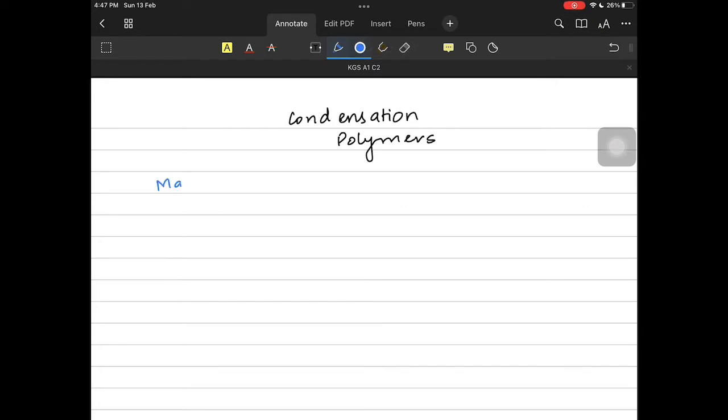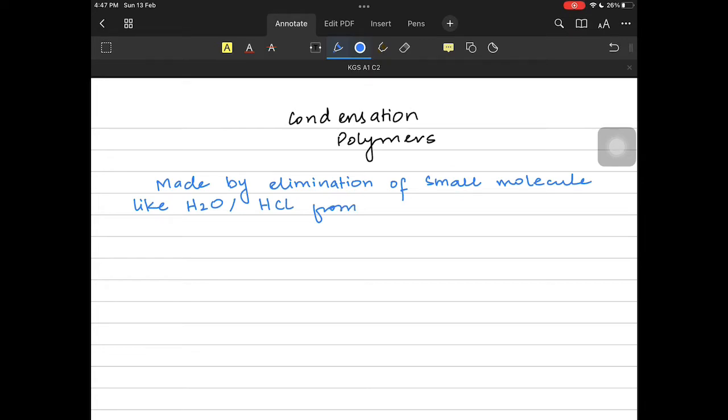Condensation polymers are made by the elimination of a small molecule, like water, like HCl, from the functional group of the monomers. Because the monomers don't have a carbon-carbon double bond, they can't do the addition reaction. So we snatch something out from the monomer so they can make new bonds.